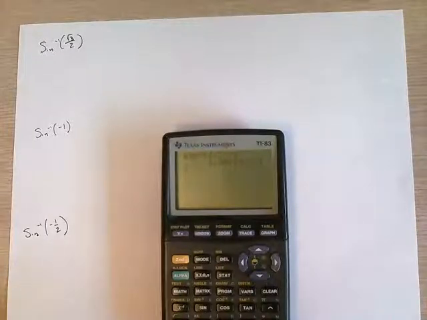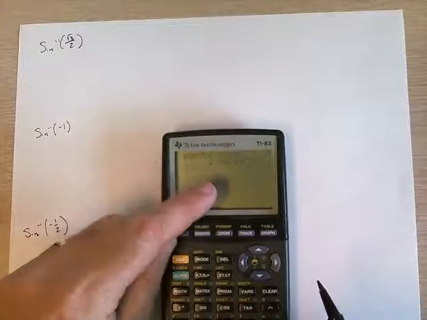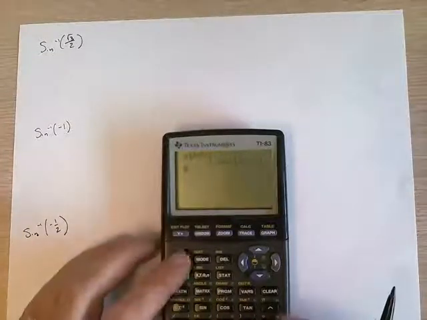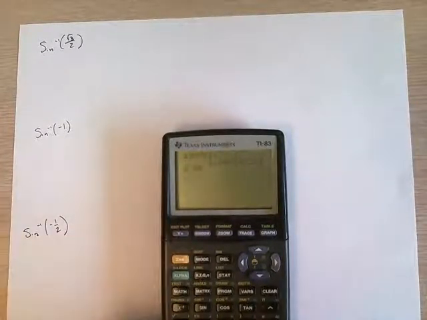For instance, this answer here, 1.047, is actually pi divided by 3. So if I write this as pi over 3, did I just convert it to radians? No, it already was in radians. 1.047 is pi divided by 3. It's the same number. It's just written in a different way.